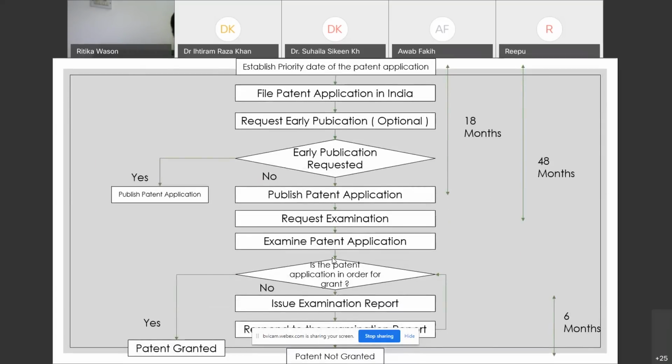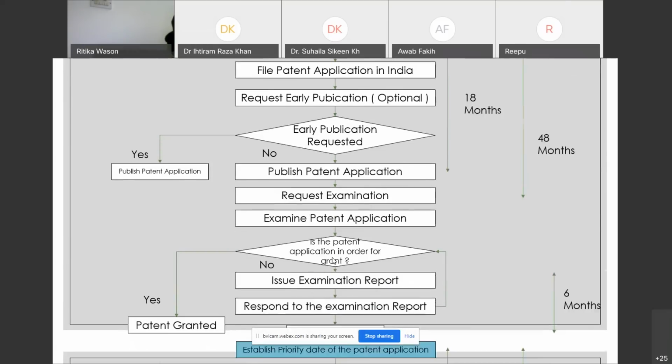So if someone will see here, Awab, give us a short summary, the complete summary in one slide. So this is a complete summary in one slide, from the date till the publication. If, for example, Dr. Raza Saab says, Awab, highlight the segments where an applicant has to work, highlight which steps an applicant has to use. So here it goes.